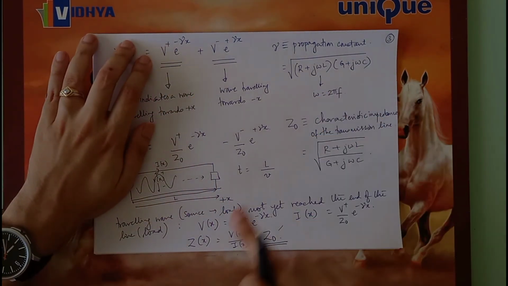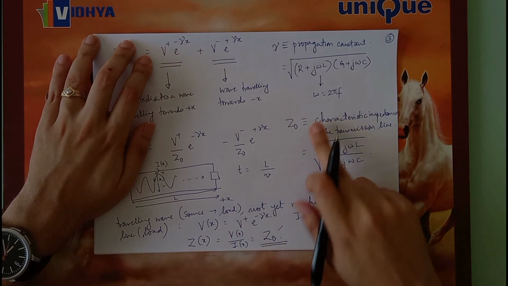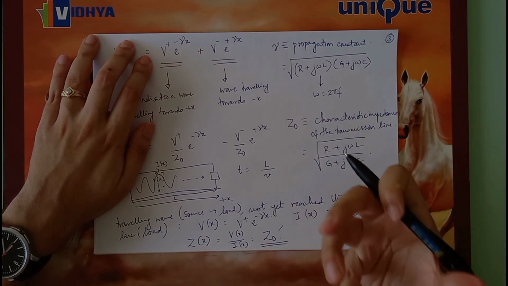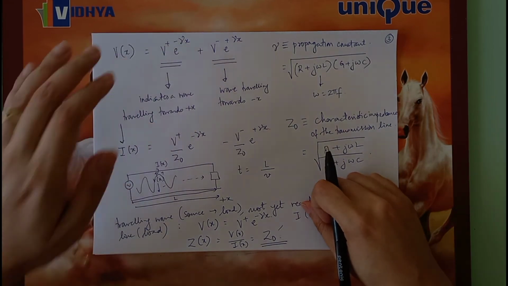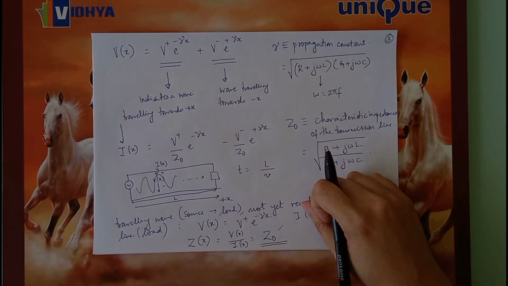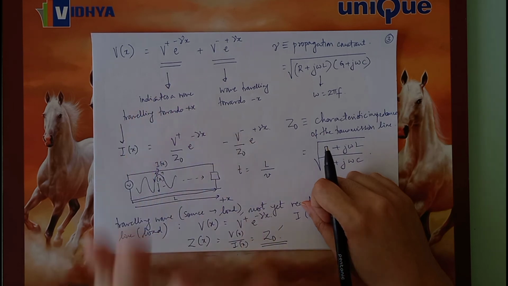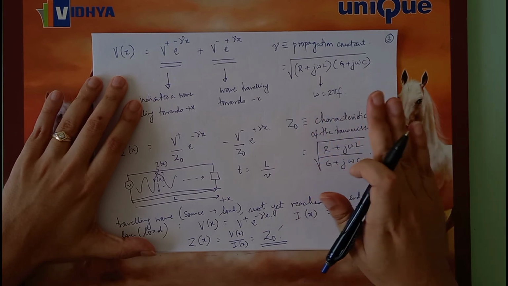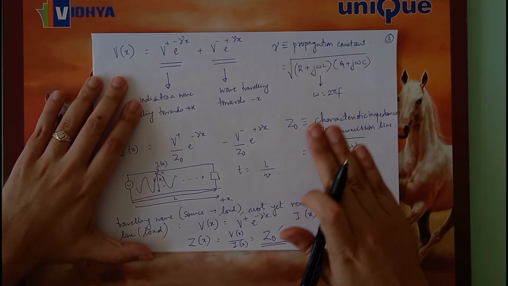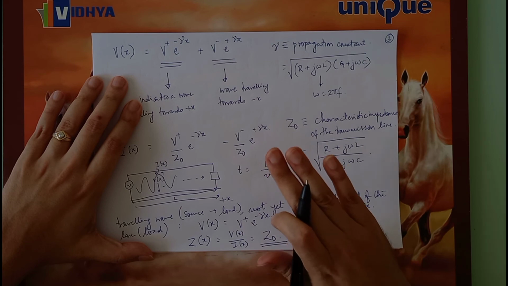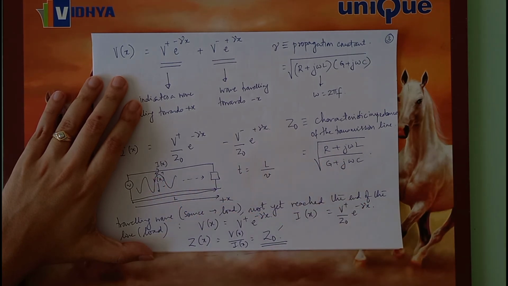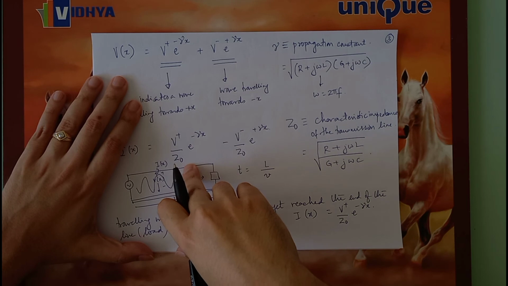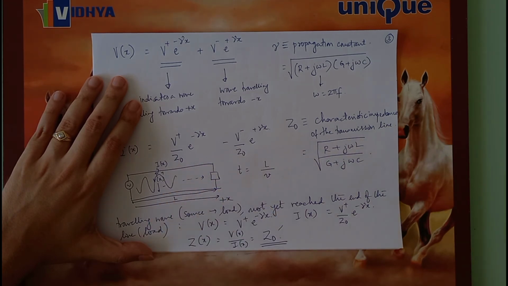So therefore, Z0 or the characteristic impedance is defined as that impedance which is seen by a wave traveling along a transmission line but not yet reached the end of the line or not yet reached the load. Z0 is the characteristic impedance, which is nothing but the impedance that is seen by a traveling wave on a transmission line that has not yet reached the end.